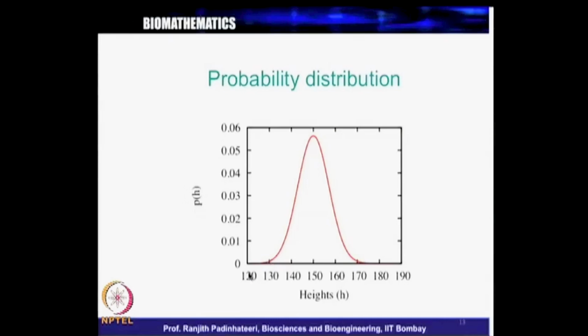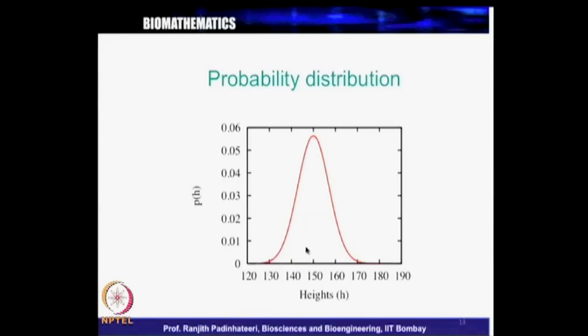So, the probability of having a height 120 centimeter is nearly 0. It is unlikely that anybody will be such a short person. Very high, like above around 190, is also nearly 0.